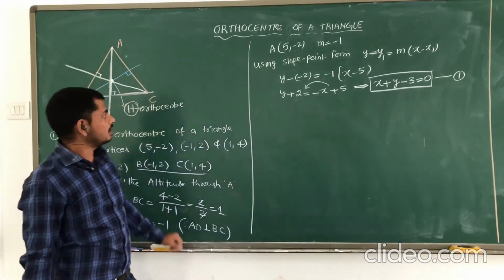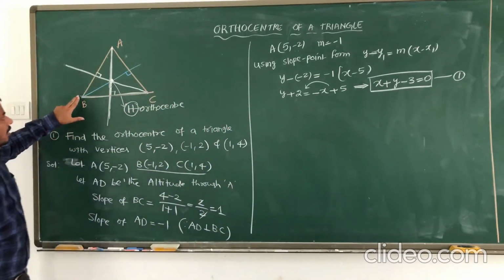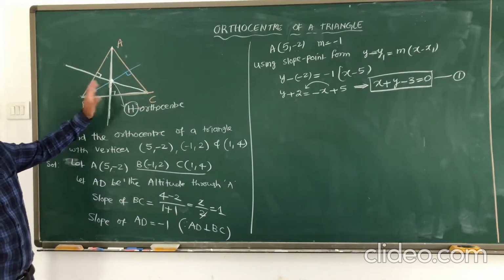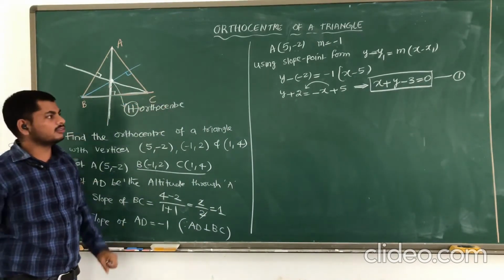Now find the equation of the altitude from vertex B or C. We can use either one.